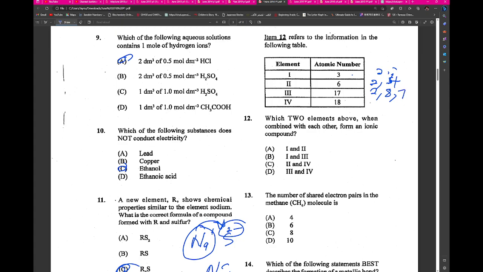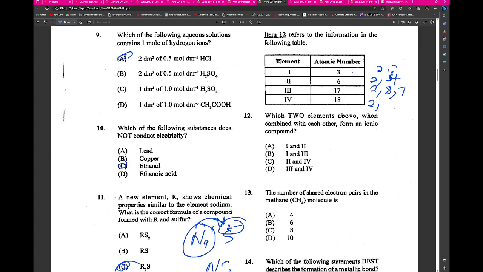And 18 would be 2, 8, 8. So which would give an ionic compound? It should probably be 1 and 3.